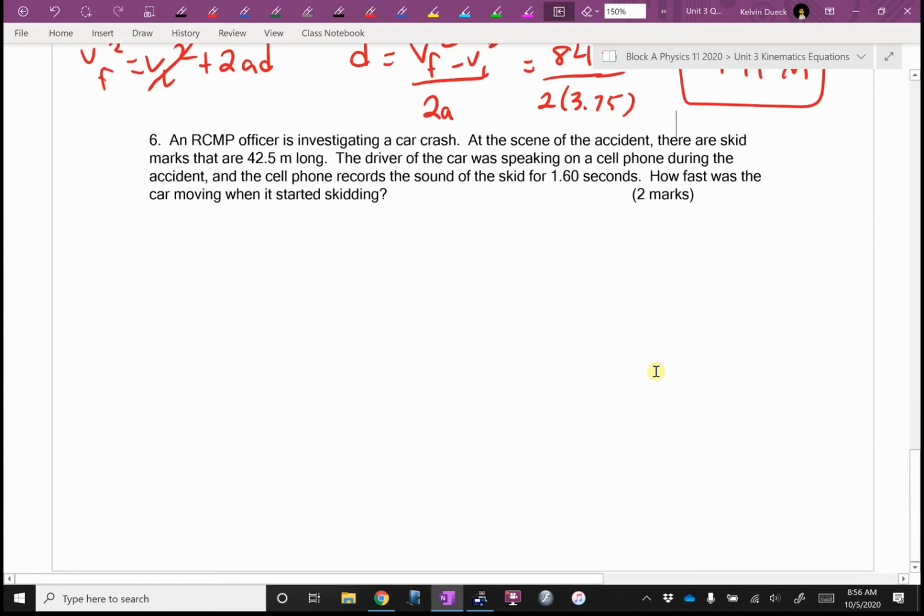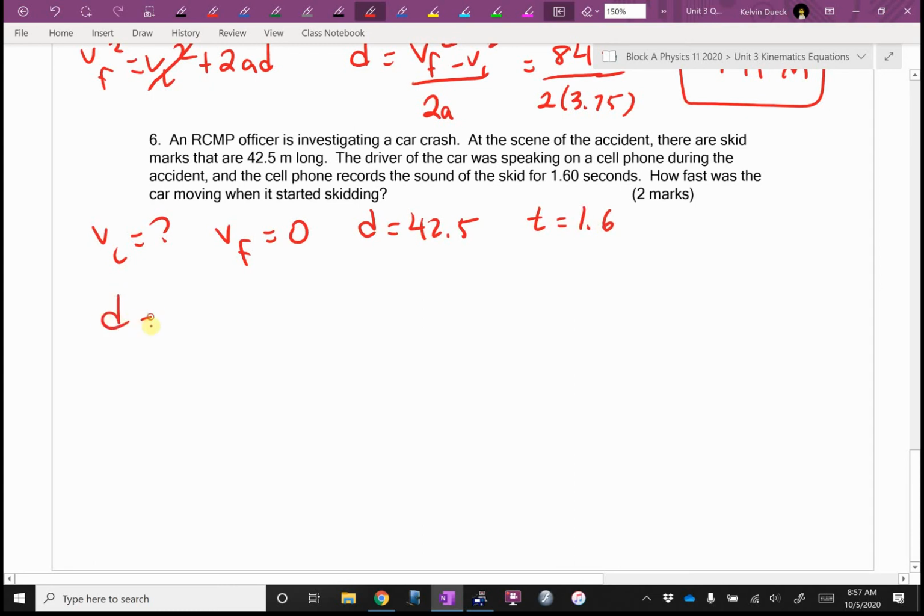And then the RCMP question. Okay. Looks like they want me to find VI. VF in any car accident ever is 0. Looks like we have a D of 42.5. T equals 1.6. Yeah, that works.